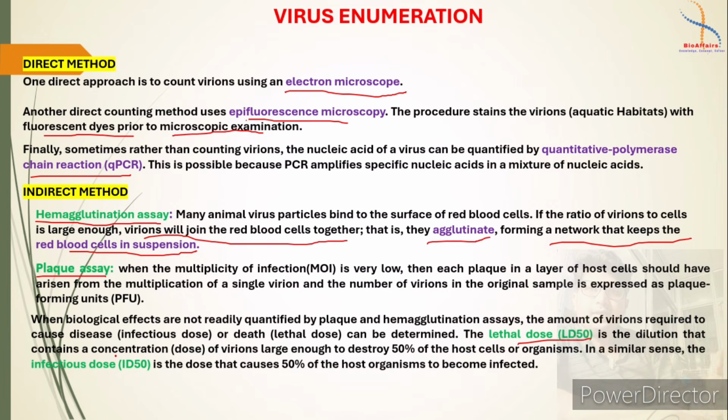So this is the LD50, lethal dose 50, because it is killing the animal or human. So 10 hepatitis B virions is the lethal dose 50. Okay, that is enough to destroy 50% of the host cells or organisms. In a similar sense, infectious dose 50 or ID50 means you have to be infected.